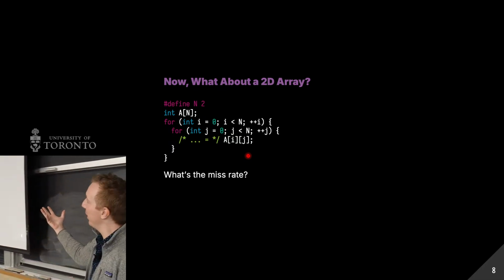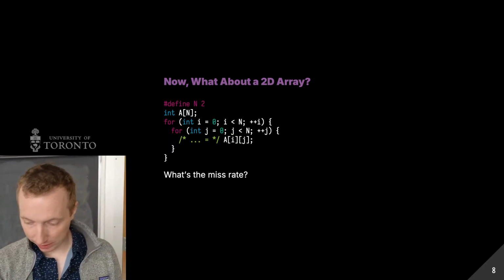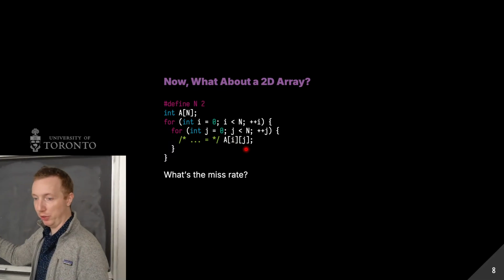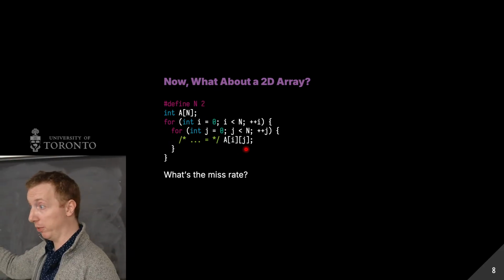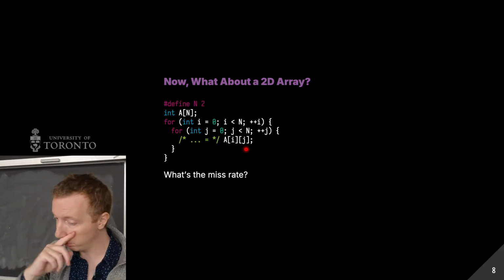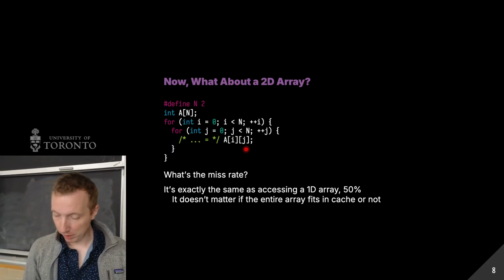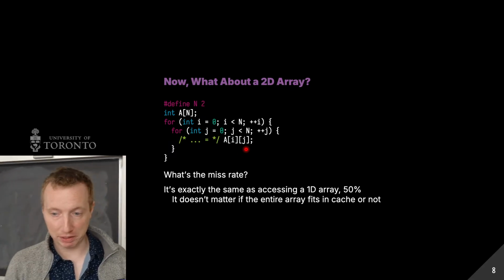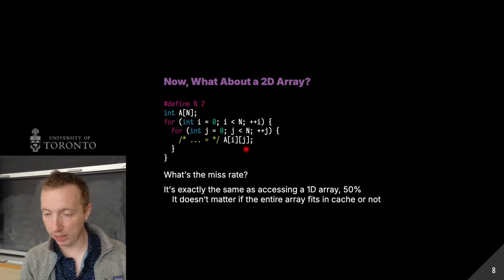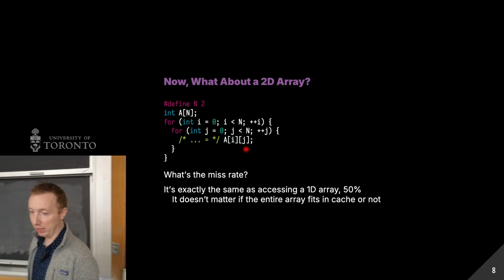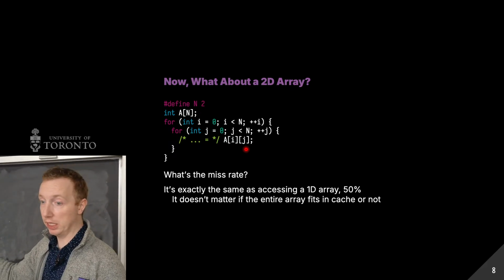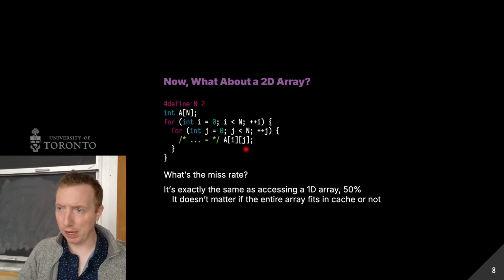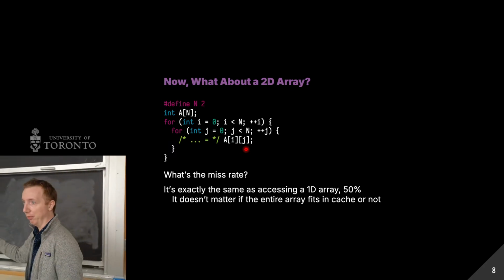It's the exact same thing as before. We're accessing it in row-column order, the same order we would in a 1D array. It's only 4 elements, so being 2D did not affect anything. It doesn't matter if the entire array fits in cache or not in this case, because I'm accessing every element just once.